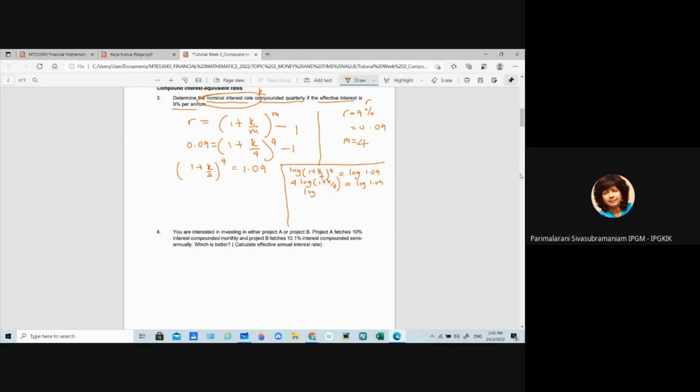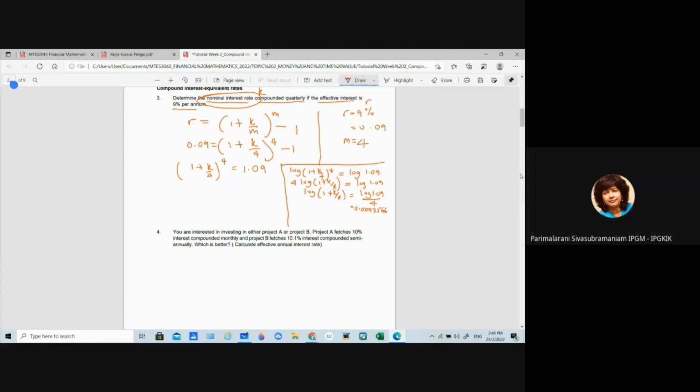So log (1 plus K over 4) is equal to log 1.09 over 4. If you do this in your calculator, you will get 0.0093566.